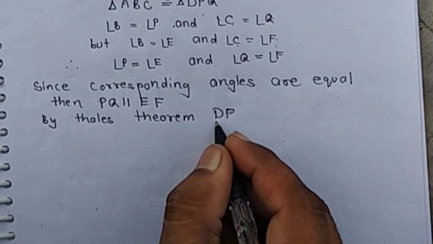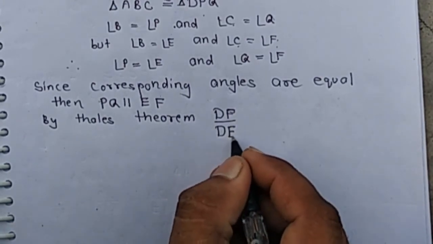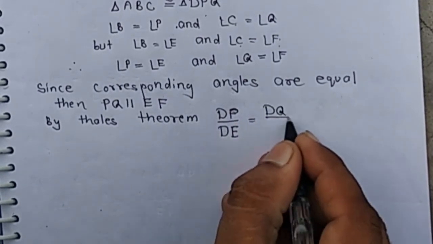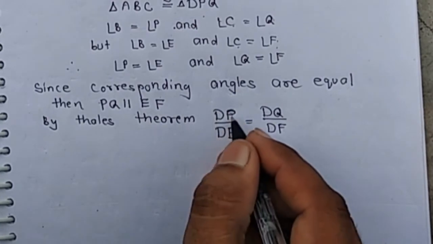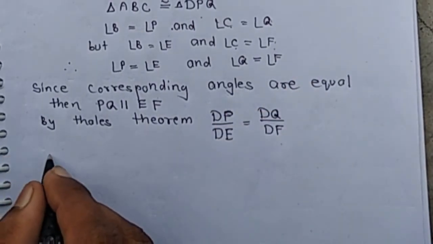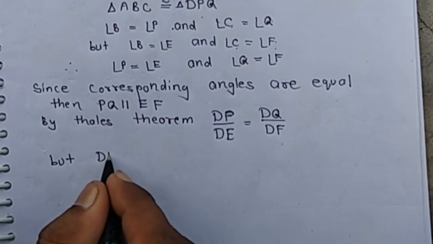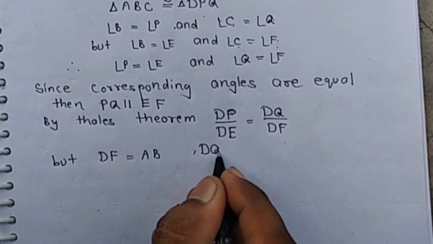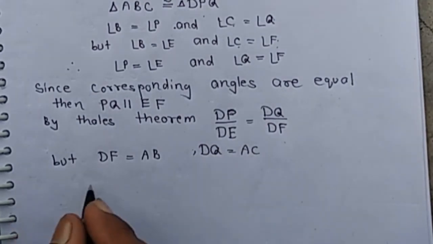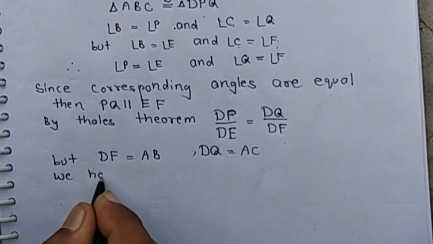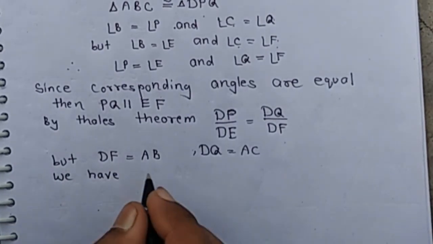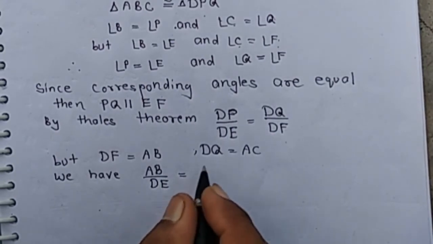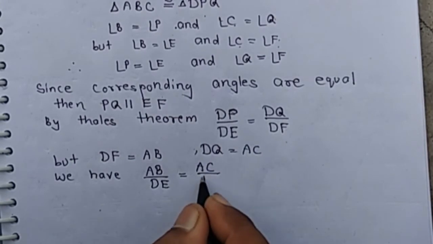DP by DE is equal to DQ by DF, but DP is equal to AB by construction, and DQ is equal to AC. Then we have AB by DE is equal to AC by DF.